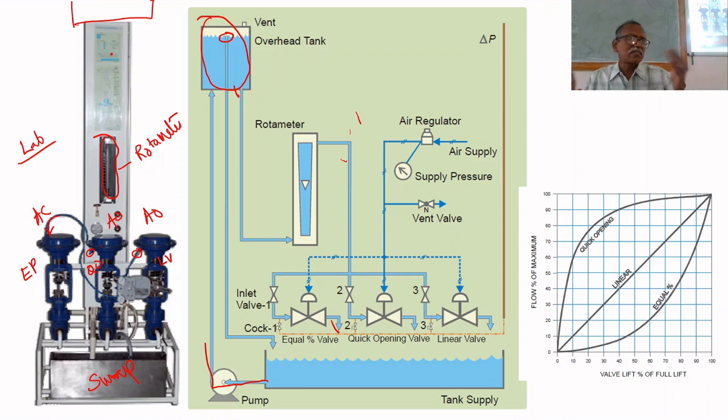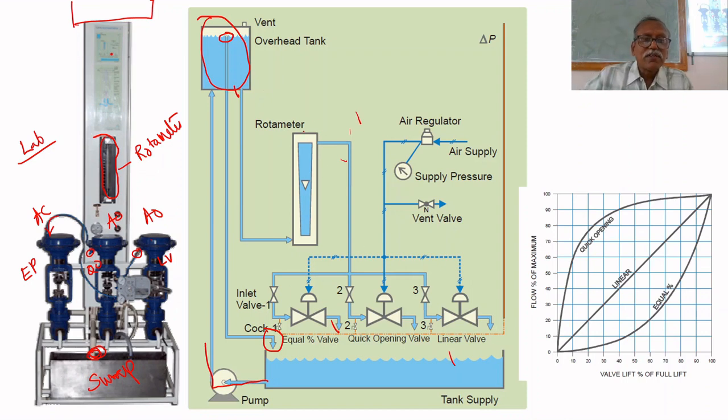If there is any excess inflow, it will drain through that overflow and come back to the sump. That overflow tube will drain the excess pumping. Always it will pump in excess. Why we have to pump excessively, we will see later.